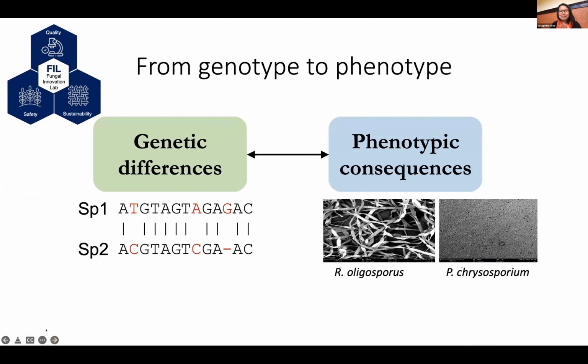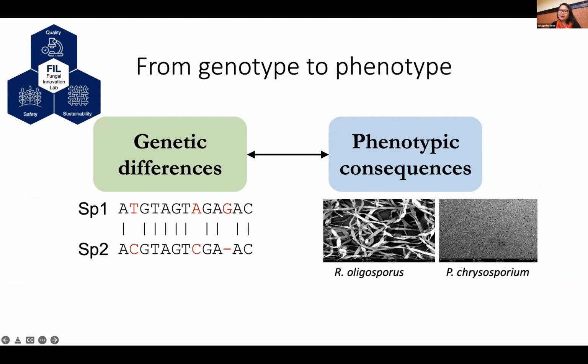Okay. So this is one slide to summarize our lab. This is how I think of the world of fungi. Our lab is interested in this connection between genetic differences and phenotypic consequences. And what do I mean by this? Like I mentioned, we're really interested in genetic structure, so changes in genes throughout evolution that can select for or select against specific phenotypes, okay?